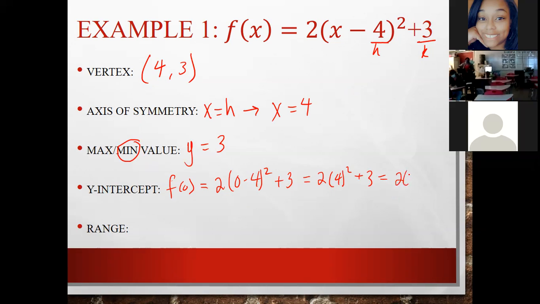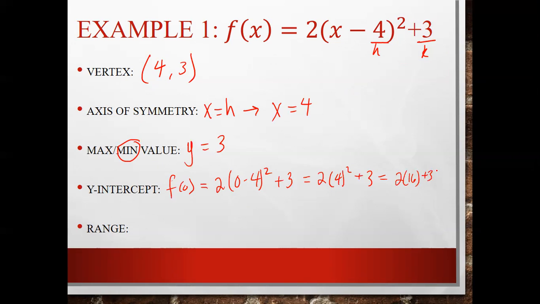That equals 2 times 16 plus 3. And this equals 32 plus 3, which equals 35. So our y-intercept is at 0, comma 35.